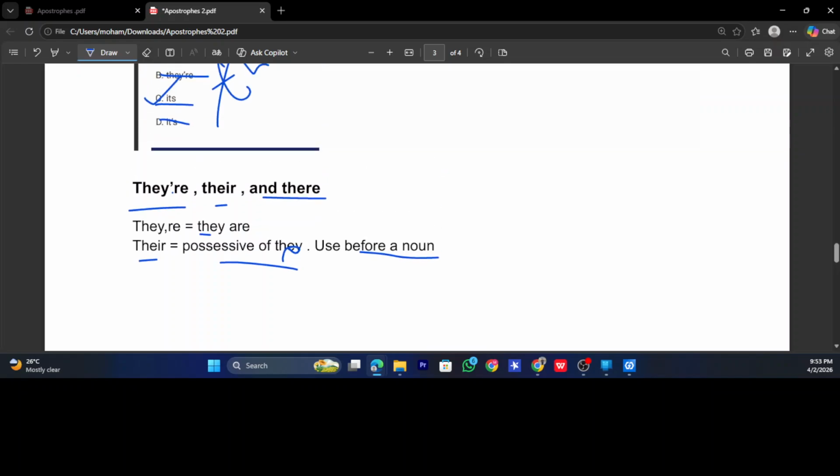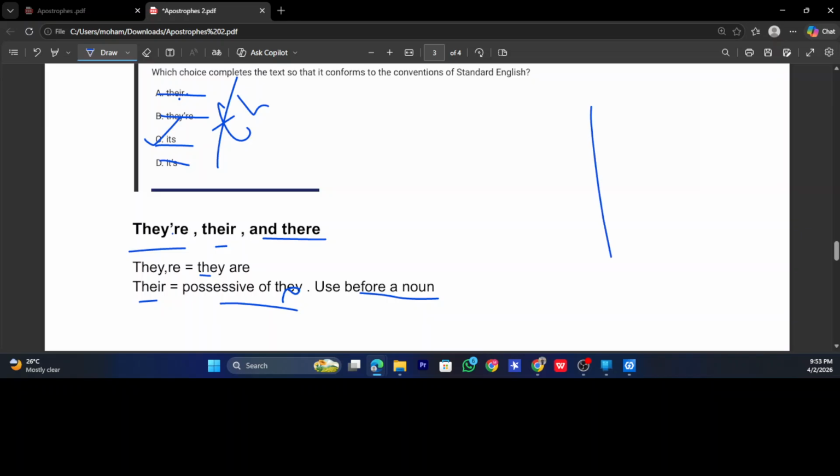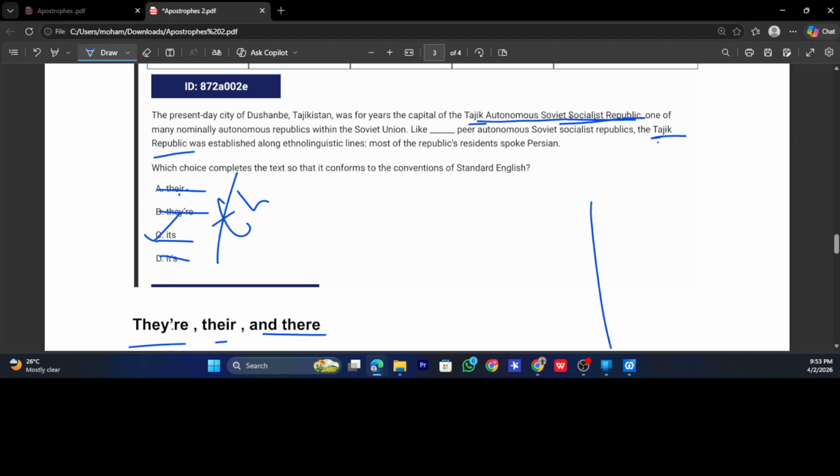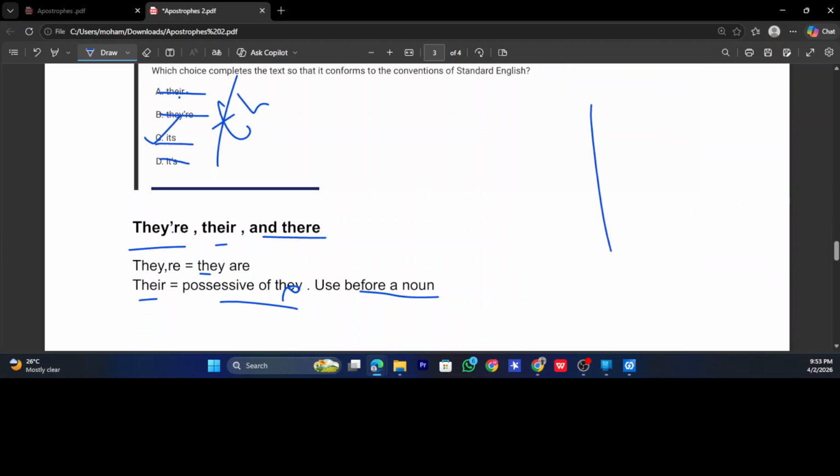Okay, try to look at the question again. It's before a noun. Okay, every possessive is used before a noun like that. It's or their.